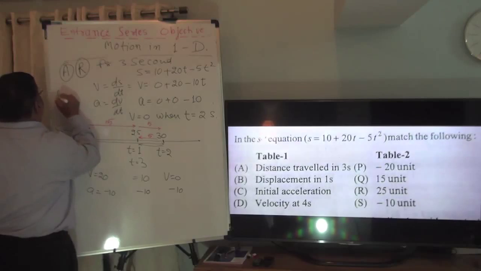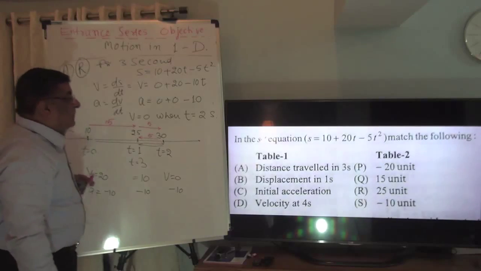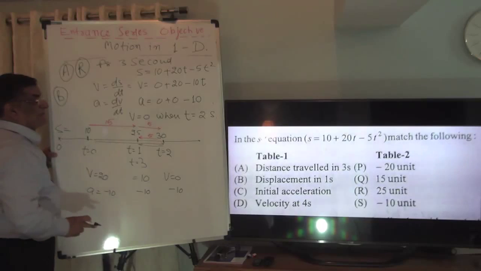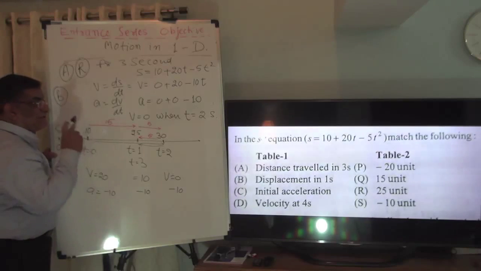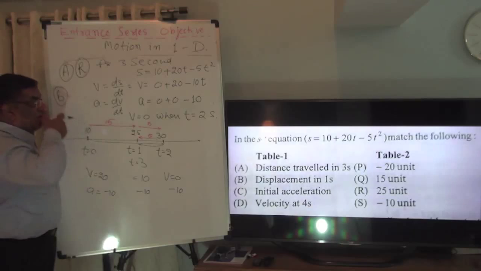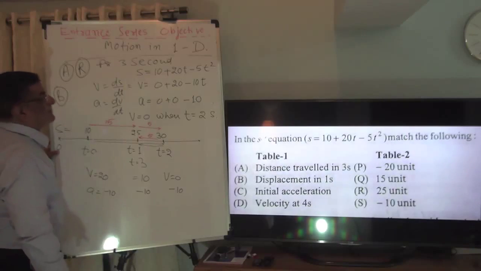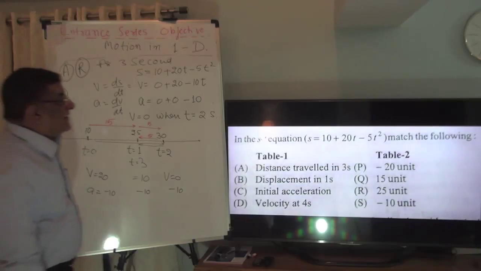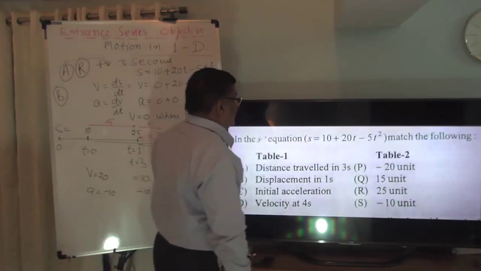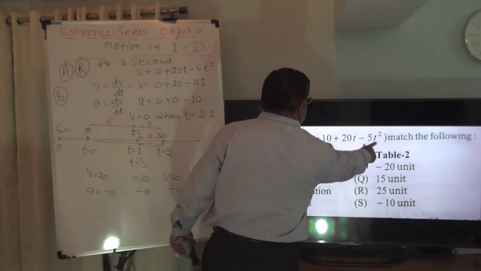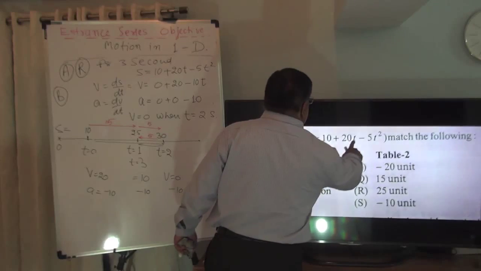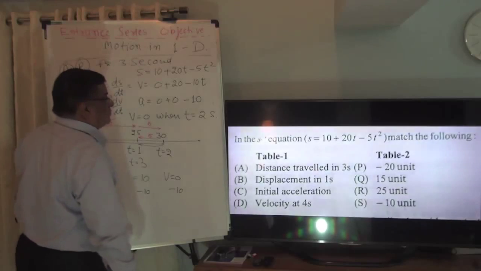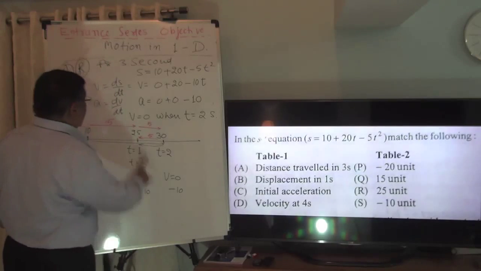Now B. Displacement in 1 second. At the 0 point, displacement in 1 second, we place t is equal to 1. If we make t is equal to 1 here, then this will be 10 plus 30, 30 minus 5, 25.